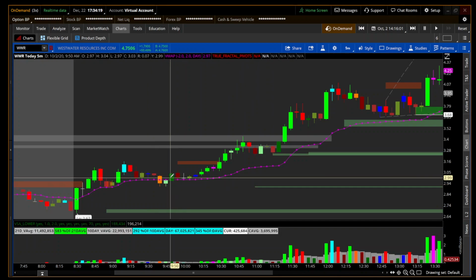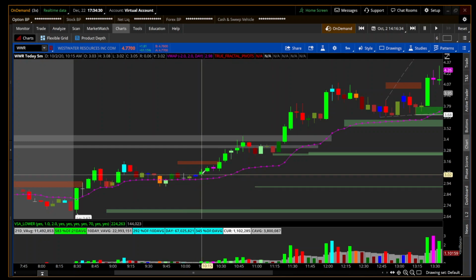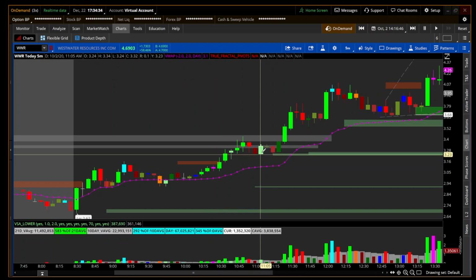You'll get this dark green color for below average, this ugly brown color for way below average volume, the bright green for ultra high volume, and the light green for above average volume.